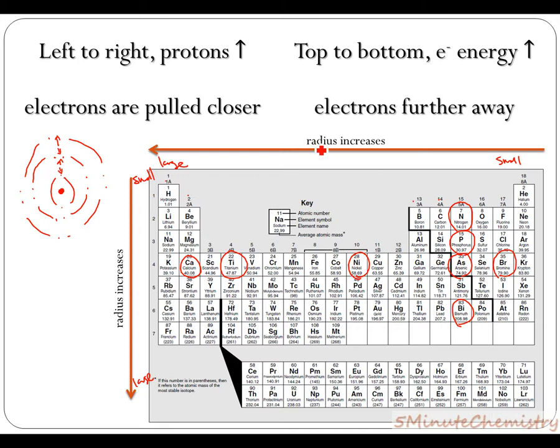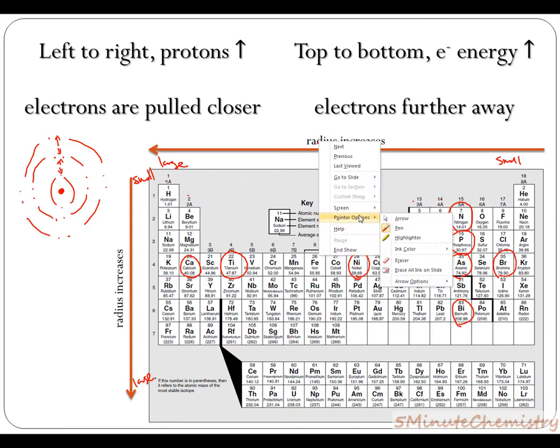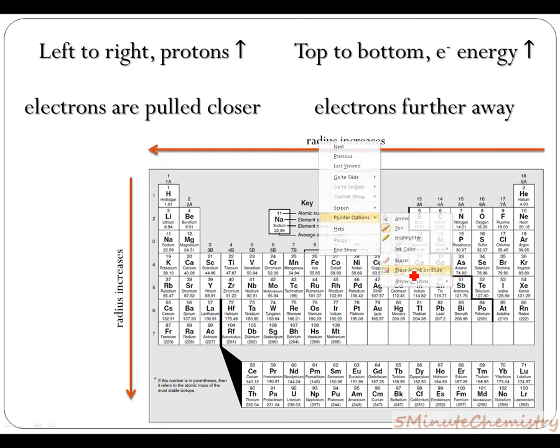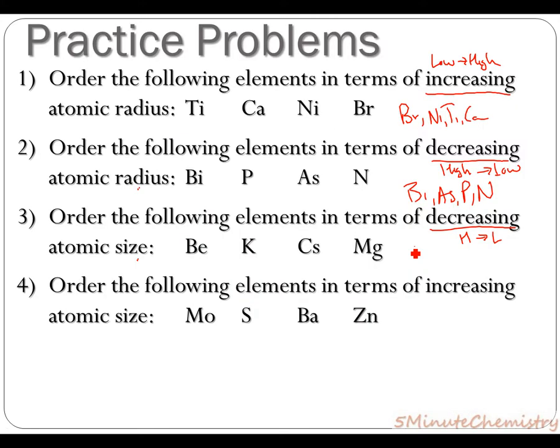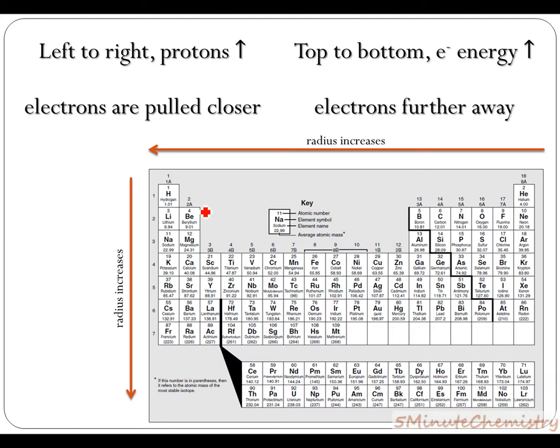So this time around, let's go ahead and clear those marks. Let's remember what that was. They were beryllium, potassium, cesium, magnesium. Now they're not all in the same row, they're not all in the same period, so I have to think about the diagonal trend.